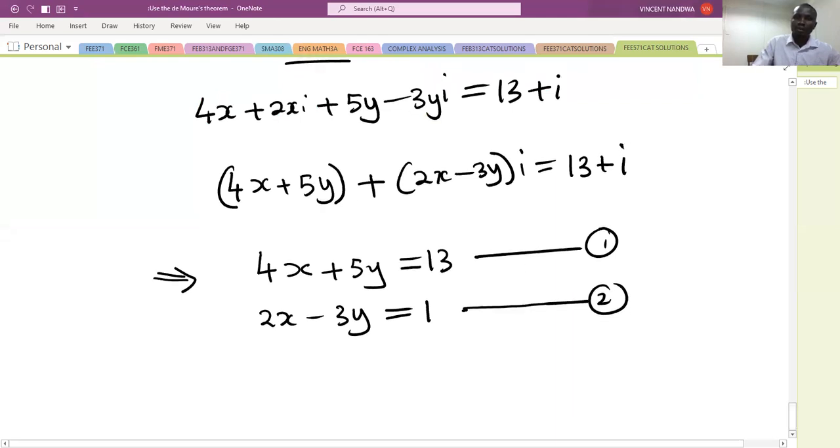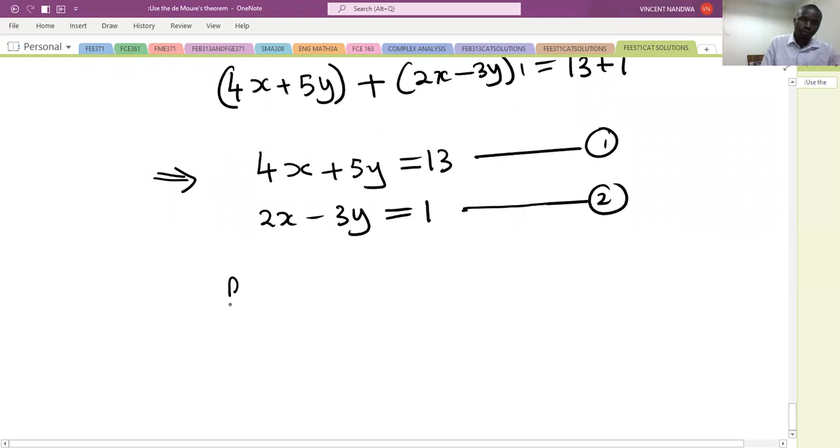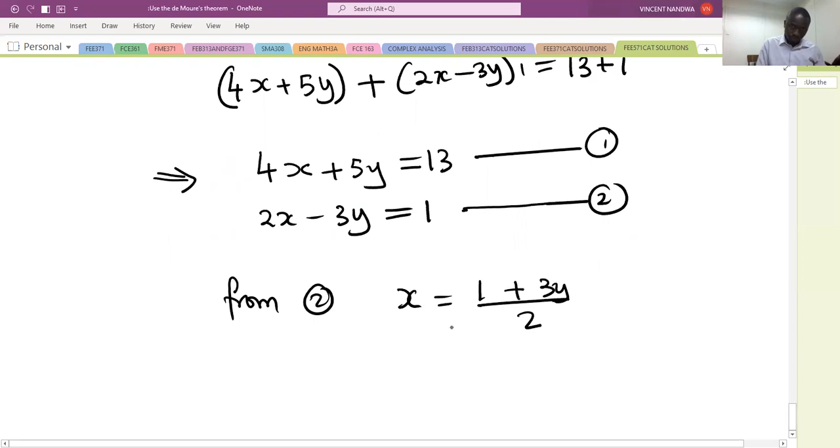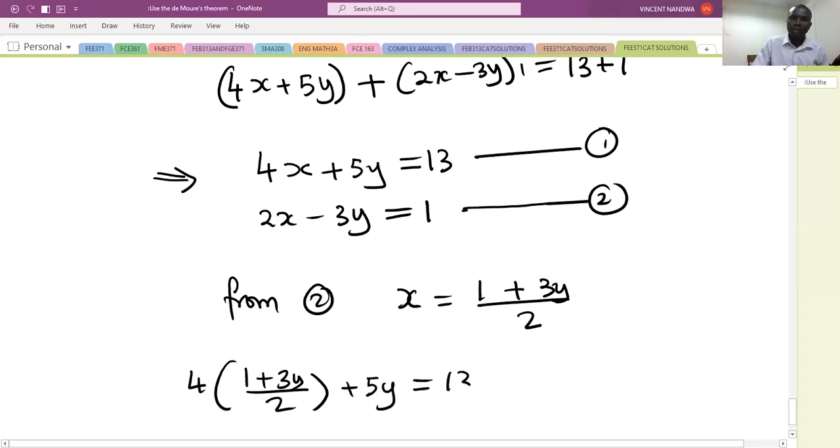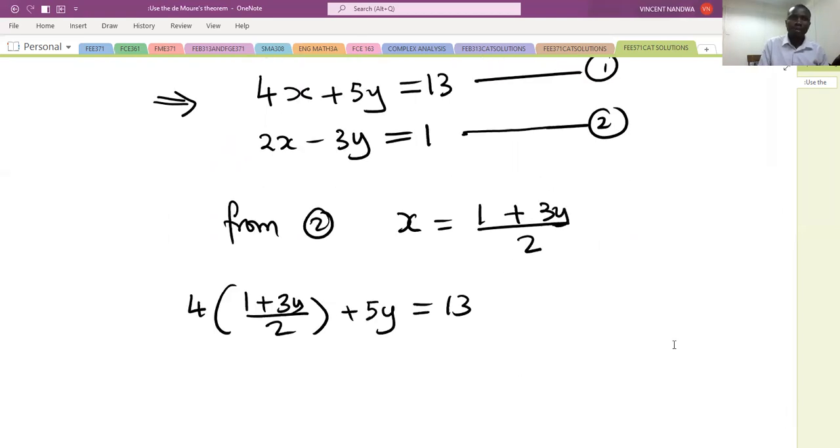Now, from equation 2, x will be given by 1 plus 3y over 2. So replace this value in the first equation. We'll have 4 into 1 plus 3y over 2, and 4 divided by 2 gives 2.